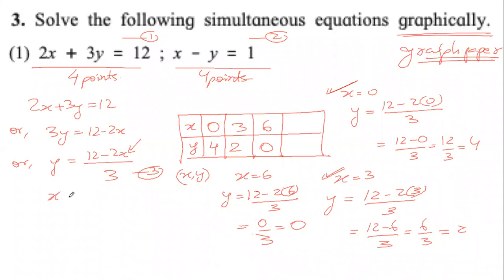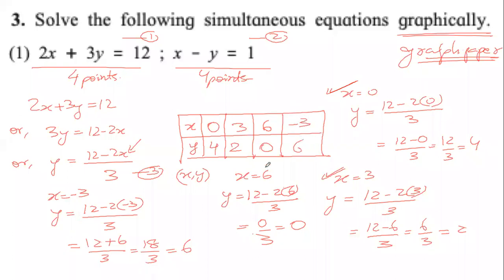If we take x equals minus 3, then y equals 12 minus 2 into minus 3 by 3. Now this becomes 12 plus 6 by 3, since minus 2 into minus 3 is plus 6. It is 18 by 3, which is 6. So minus 3 and 6. Now we have the 4 points: 0, 4; 3, 2; 6, 0; and minus 3, 6.